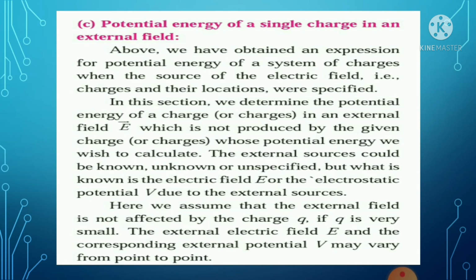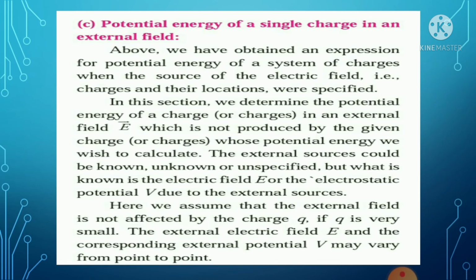At that time, we can find out the electrostatic potential energy and electrostatic potential of the single charge in an external electric field. Here we assume that the external field is not affected by the charge Q.